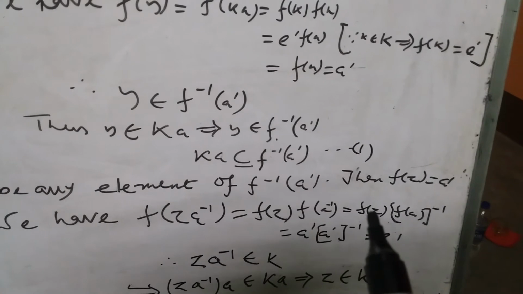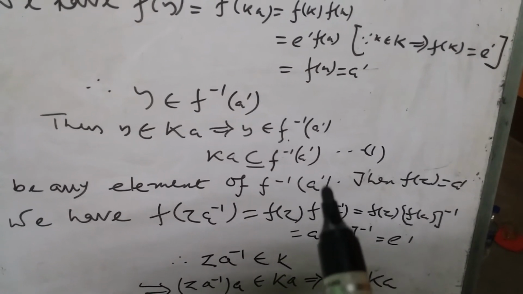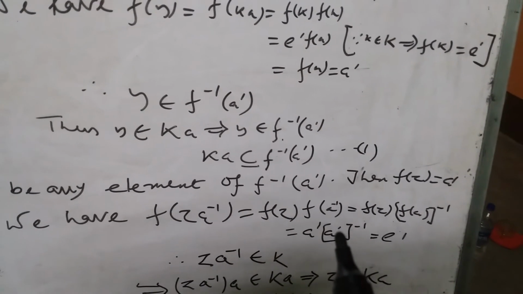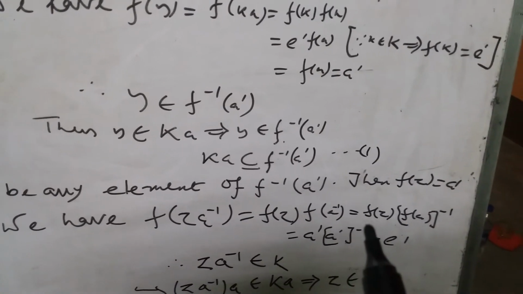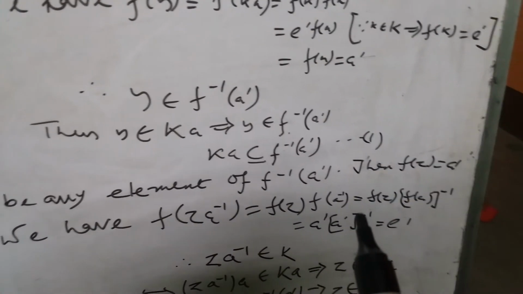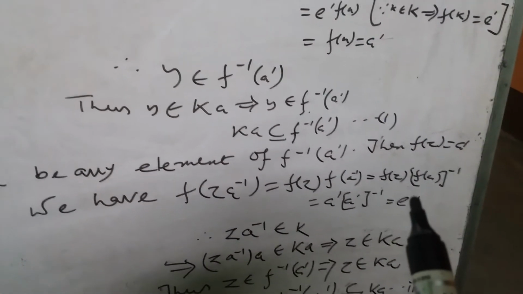What is F(z)? F(z) equals A dash, so this is A dash times A dash inverse. So this is E dash.